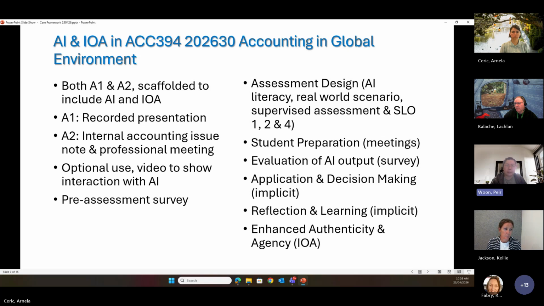I show them where to get information on AI, and also encourage them to use Copilot, because it is under the enterprise license, and talk about the potential issues that AI might present if it is not an institutionalized license. And the evaluation of AI output is captured in that particular survey.